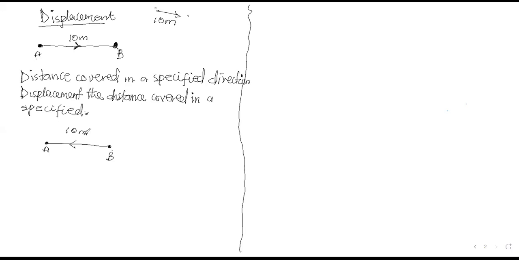So you just need 100 meters to beat your competitors. So when it comes to bearings or locations, then we need displacement and not just distances. All right. Now, the next thing we want to look at is speed.